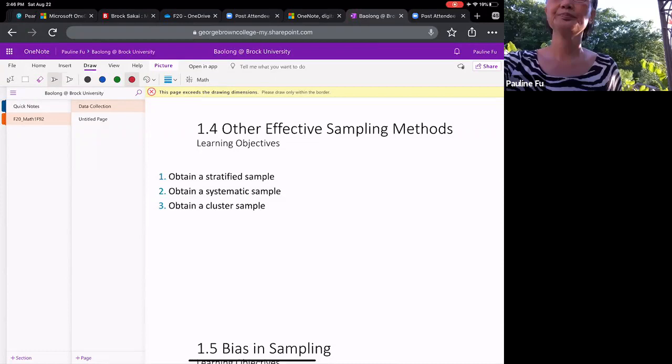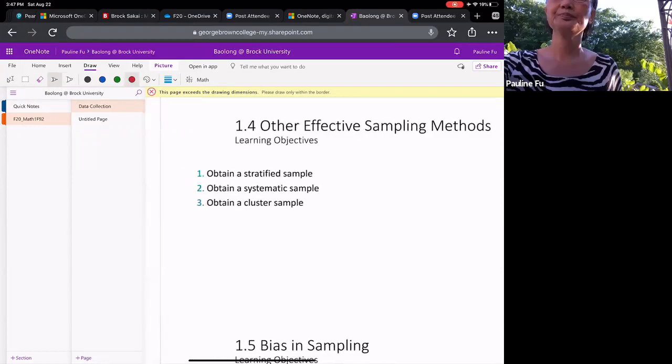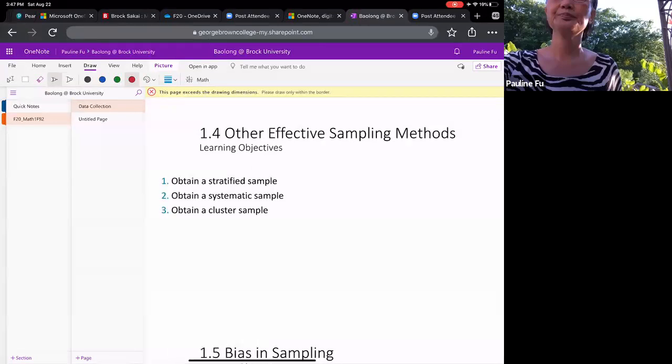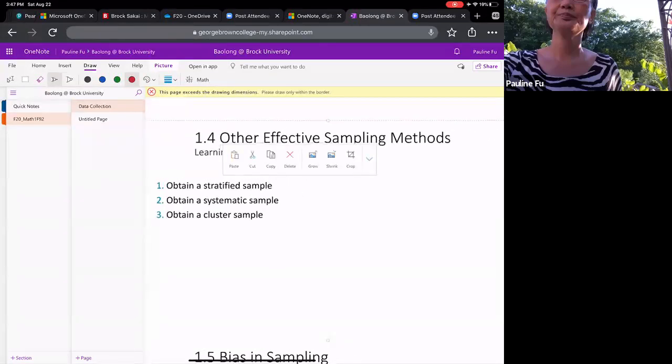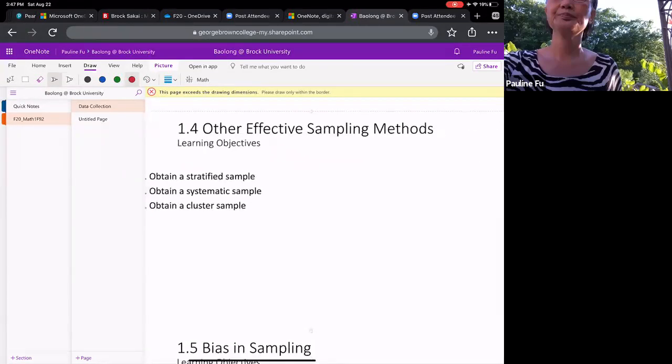Let's do the stratified sample first. Stratified sample.